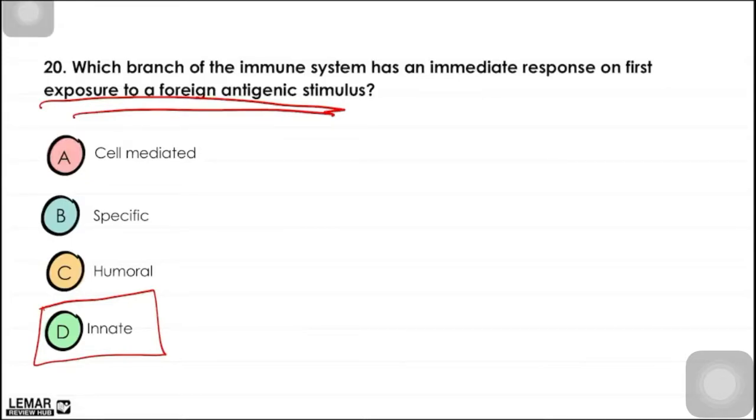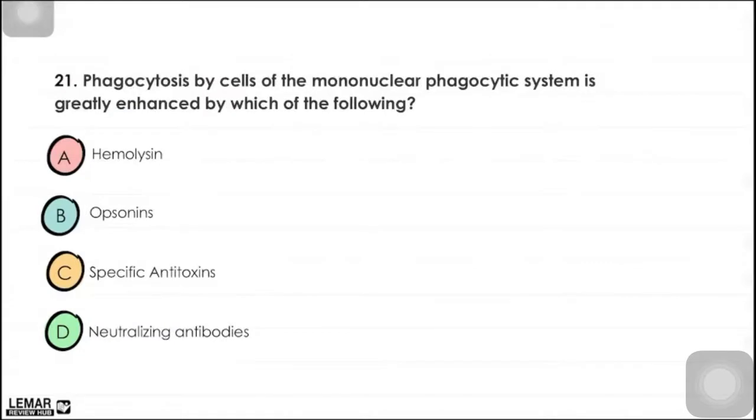These responses take a longer time than the innate defense to be initiated, because it takes time for the T and B lymphocytes to become specifically activated against the foreign antigen. So, number 20, the answer is letter D.